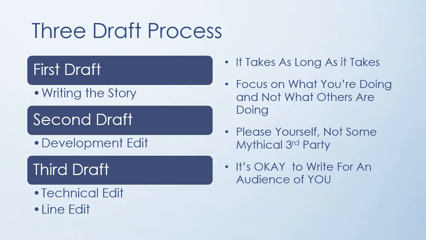You might have 4, 5, 6 or 7 drafts, but we're going to be using a three draft process just to keep everybody on the same page and to shovel you towards the type of advice that you need to be looking for at each stage in the process. So first draft, you're writing the story. Second draft, you're doing a development edit. And third draft, you're doing a technical edit and a line edit.